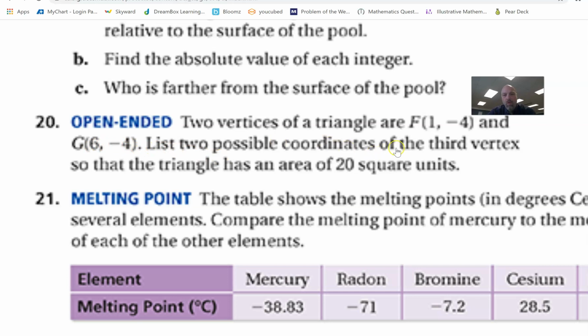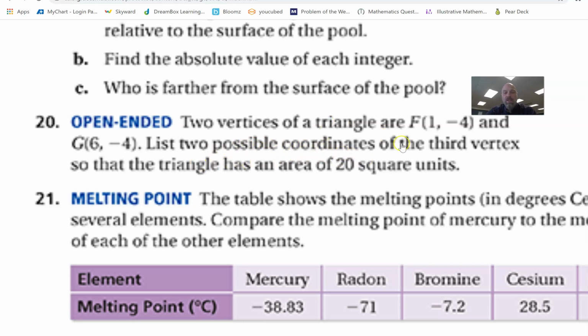List two possible coordinates of the third vertex so that the triangle has an area of 20 square units. I think that is really the most worthwhile question on this test. I know it's a little tricky because we haven't been doing problems just like this. And so I gave you the answer in a multiple guess format.